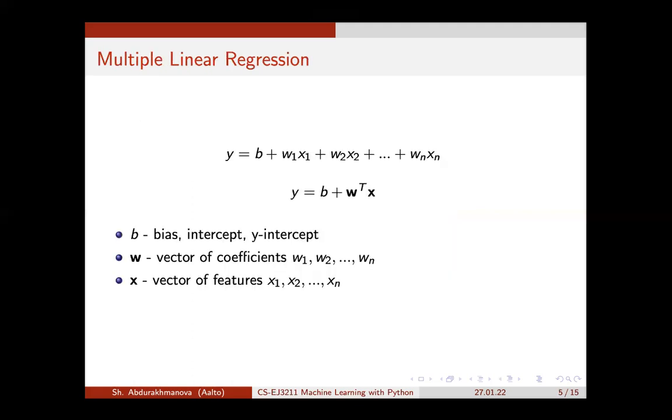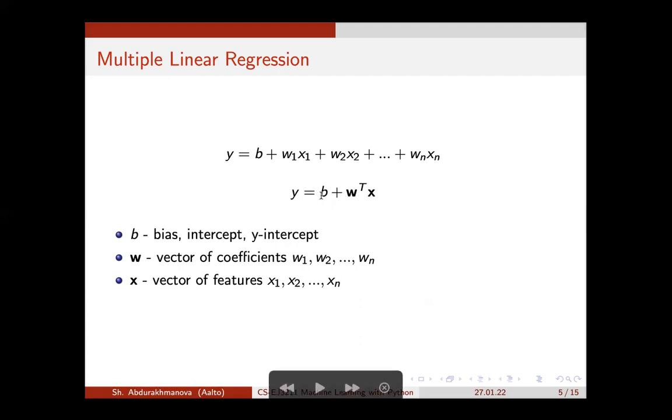The previous equation was written for a very simple case of one data point, where the data point is characterized with one feature. Usually we have more complex data. We have many features. So in this case, we can write out the equation for the linear predictor as y equals intercept or bias plus the sum of the products between the corresponding weights and the features.